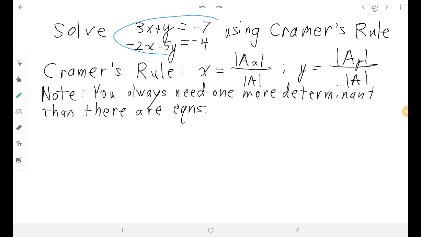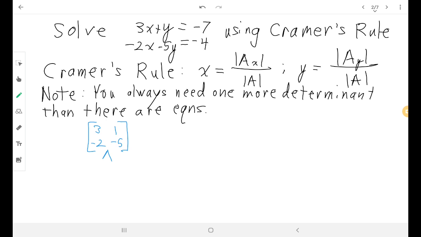Let's take these 2 equations here, and we'll write the matrices that would come out of that, as though we were going to solve them with inverses. So we would create matrix A, which is the coefficients, that is the numbers attached to the variables.